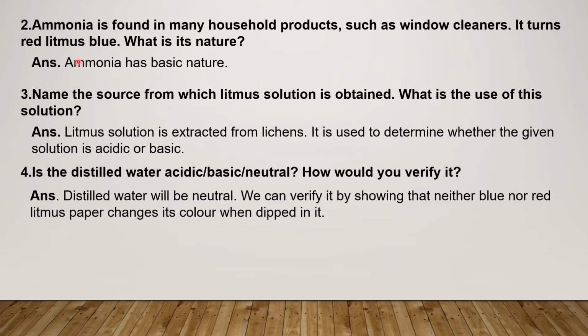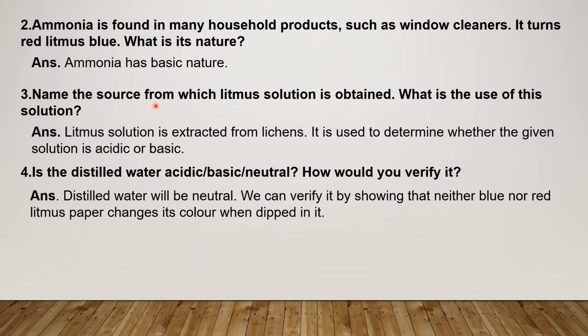Second question. Ammonia is found in many household products such as window cleaners. It turns red litmus blue. What is its nature? Ammonia has basic nature, because window cleaner contains a soapy liquid that contains ammonium hydroxide, and it is basic in nature.